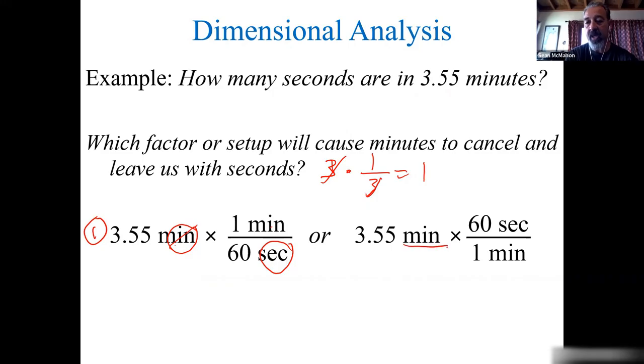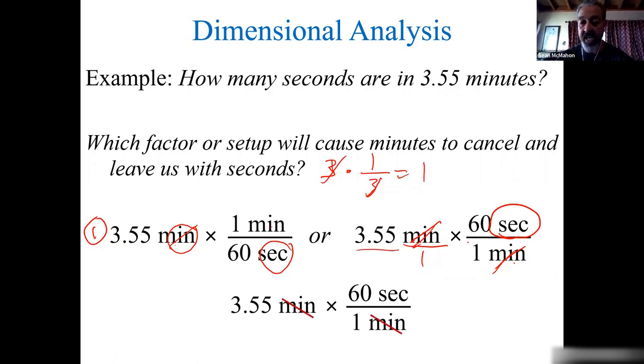If I do it this way, right, the minutes actually cancel out because now it's in the denominator here and in the numerator here, it cancels, and it will leave me with seconds as a unit. I still need to multiply the 3.55 by 60. So that's what I would do. I would make sure that the conversion factor between 1 minute and 60 seconds allows for the minute that I'm given.